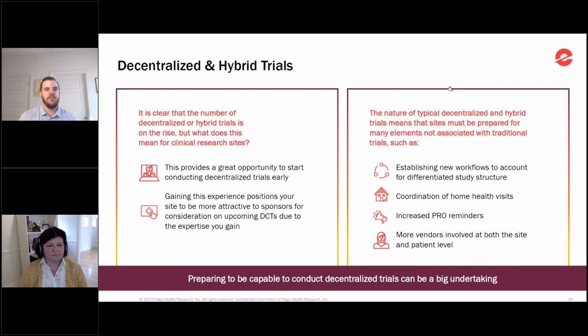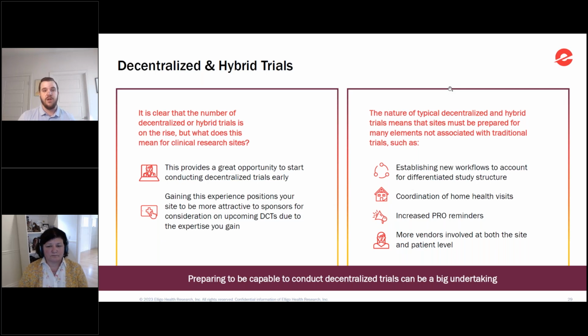But what does that really mean for the site in and of itself, right? Because these are differentiated from a traditional trial model. So you may have to consider things such as establishing new workflows to account for the differentiated study structures, right? Coordination of home health visits, increased patient-reported outcome reminders, as well as vendor management, right?